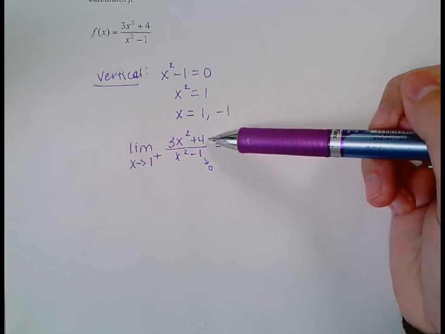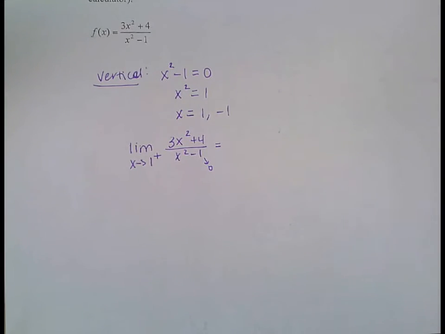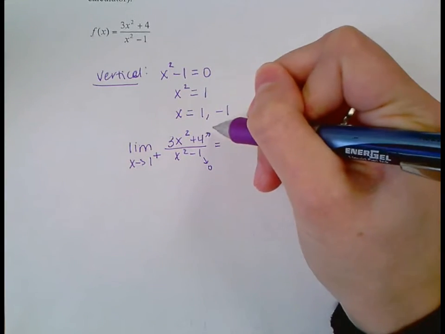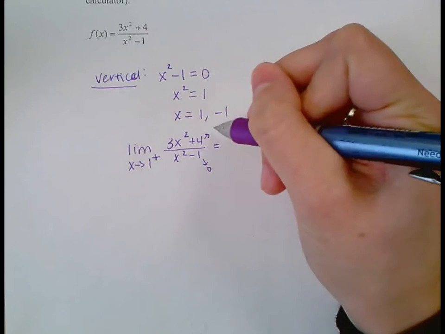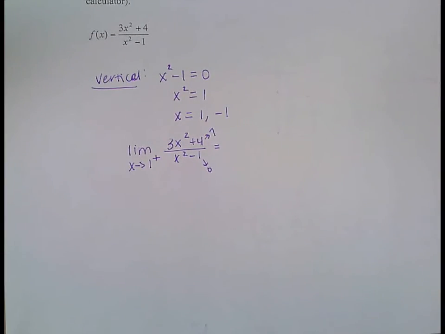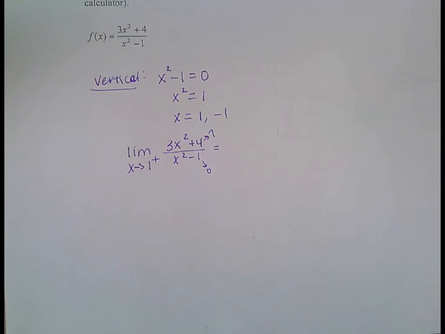In the numerator, if I approach 1, I'm going to get 7. Right, 3 plus 4.